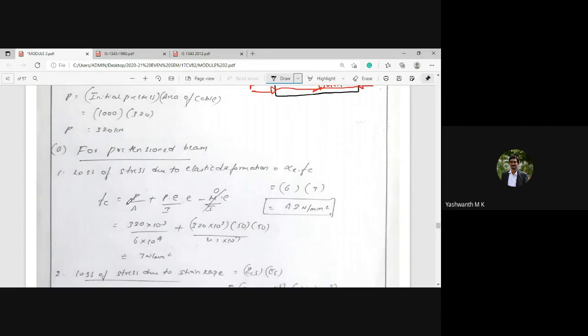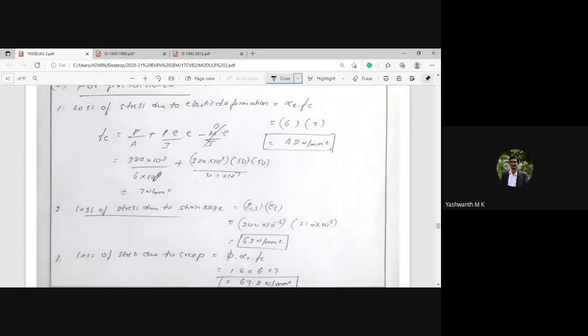So what is left is P by A plus PE by I into E. Substitute that. We know P, we know A, and we also know the eccentricity, 50 millimeter, and I is 45 into 10 to the power of 7. You will get 7 Newton per millimeter square. Please be careful: we want FC in Newton per millimeter square, so all the parameters A, I, E should be in millimeters, and the pre-stressing force should be in Newton.